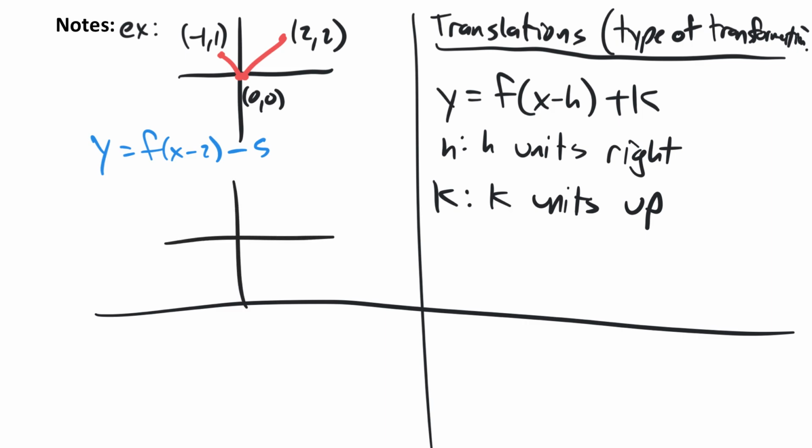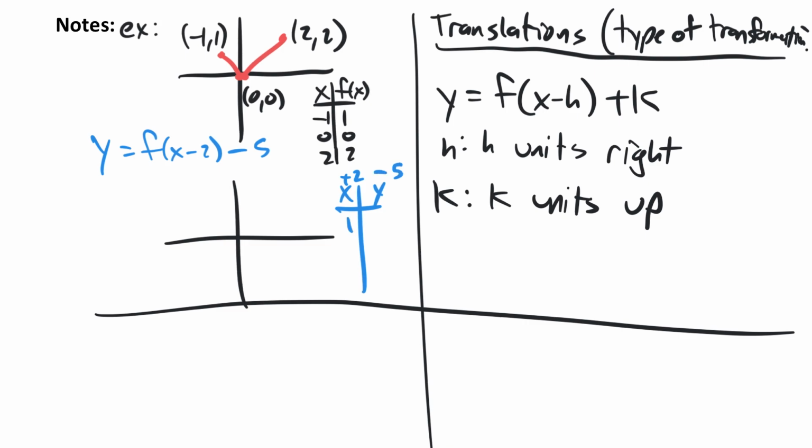All right, assuming you gave it a try, we can go ahead and take each point. I'll put it in a table here just because it's a little easier: (-1, 1), (0, 0), (2, 2). Now for our new table, we have to add 2 to the x values, and we have to subtract 5 from the y values.